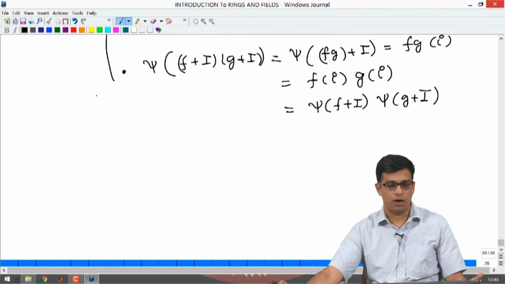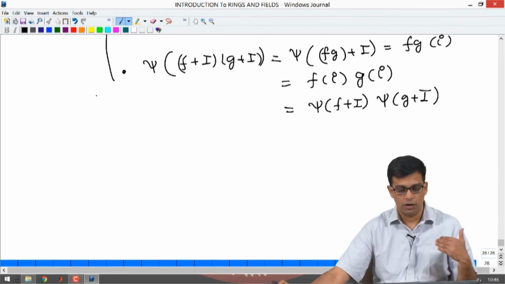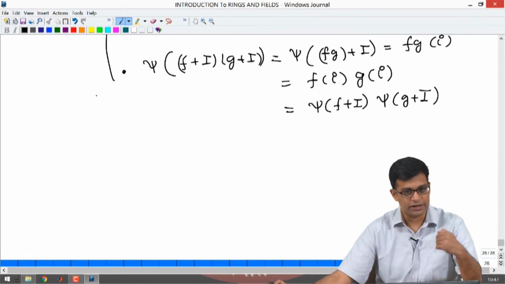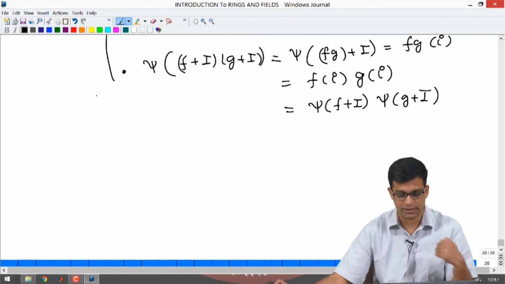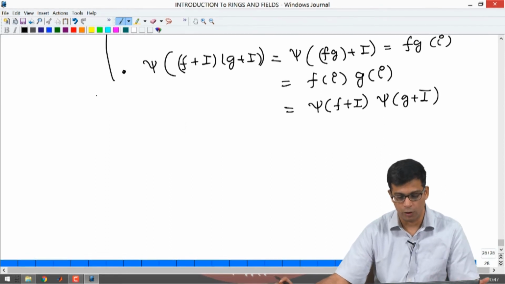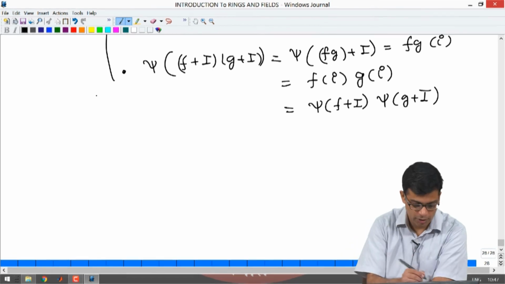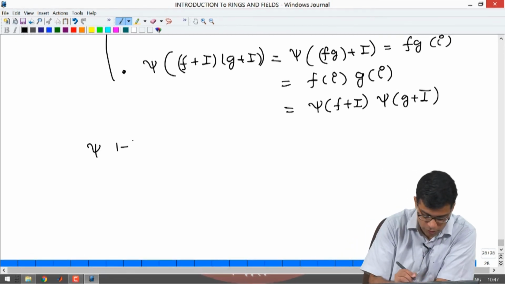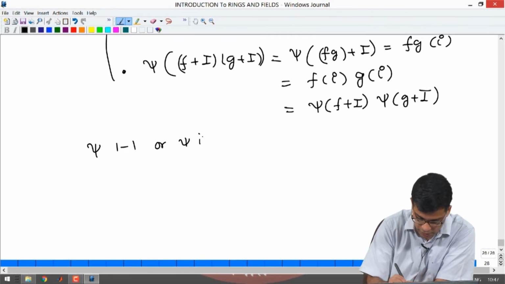And what is an isomorphism of rings? I told you this before. An isomorphism of rings is a ring homomorphism which admits an inverse ring homomorphism, or equivalently psi is one-one and onto. So, one-one means injective.